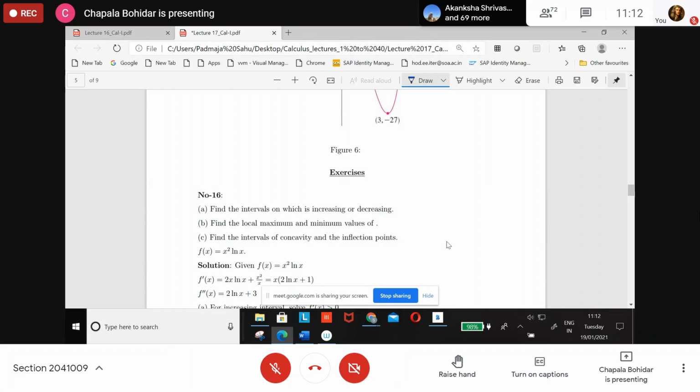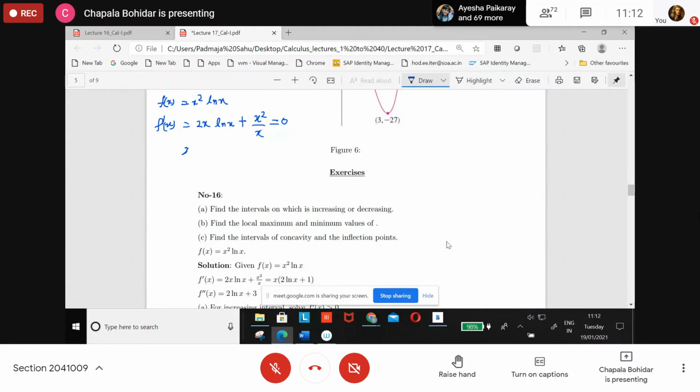f(x) is equal to x square ln x. f dash x is equal to 2x ln x plus x square by x. Put it equal to 0. Take common x.